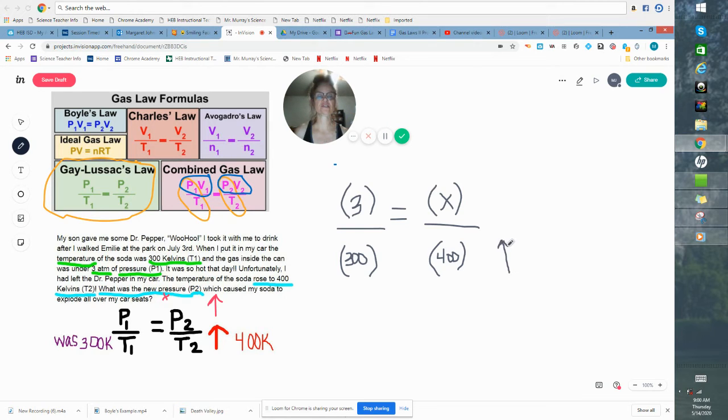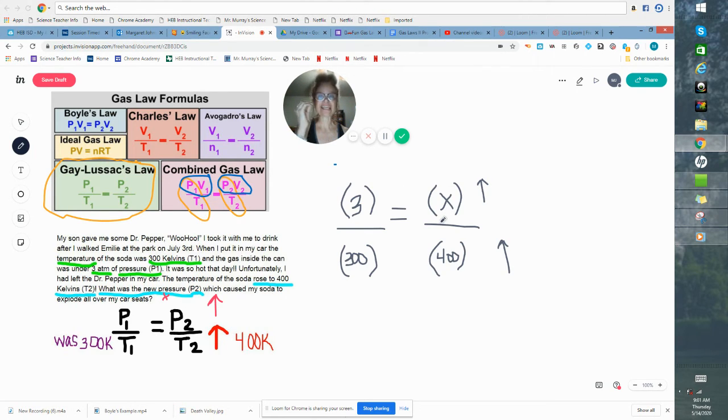We've already established since temperature went up, I know that my pressure should be higher than 3. It's also directly proportional, so since it went up from 300 to 400, didn't quite go up half as much again, then I know that my P2 is going to go up, but not quite half again. So if 3 went up half as much again, half of 3 is 1.5. 3 plus 1.5.